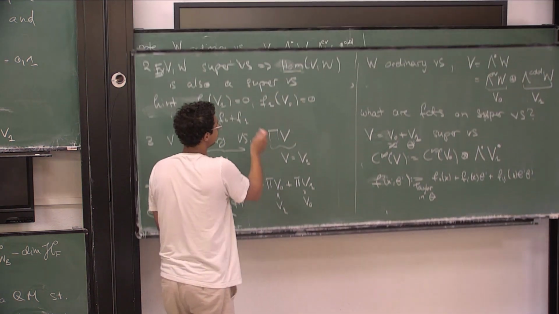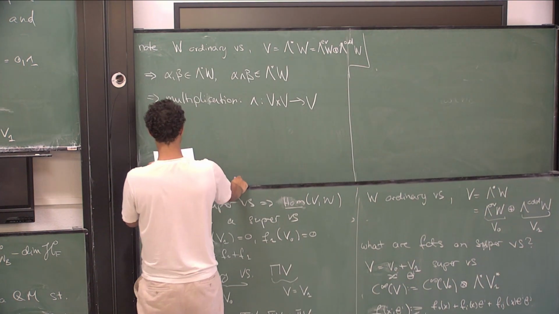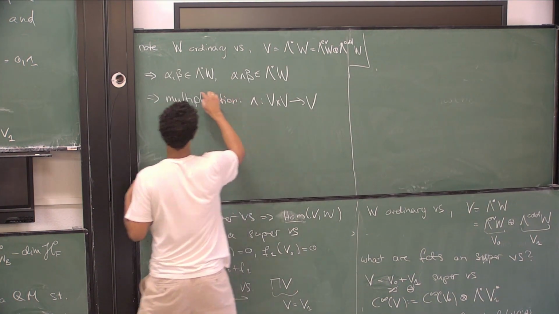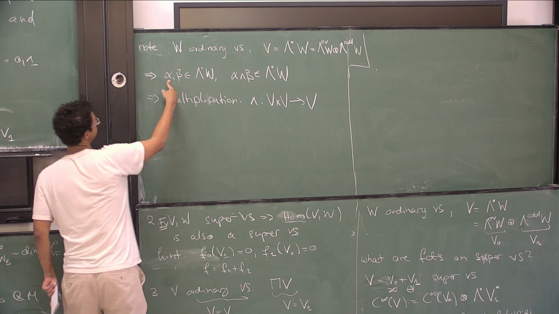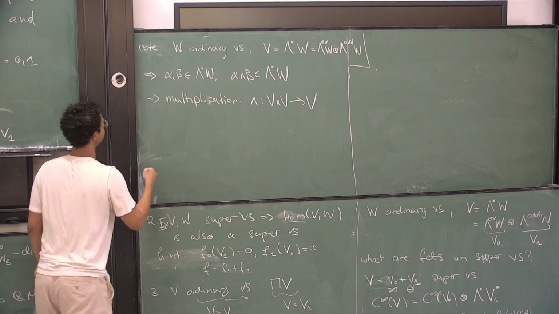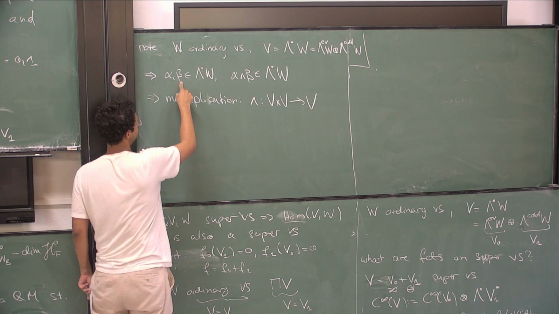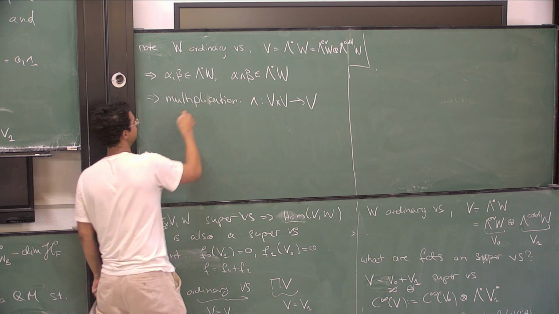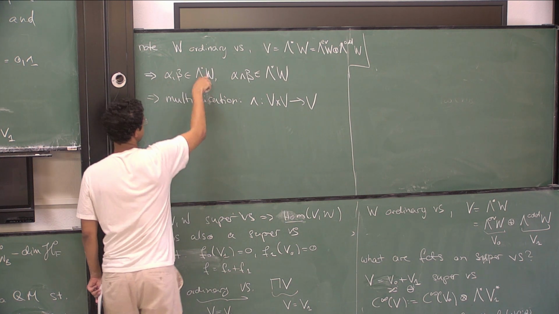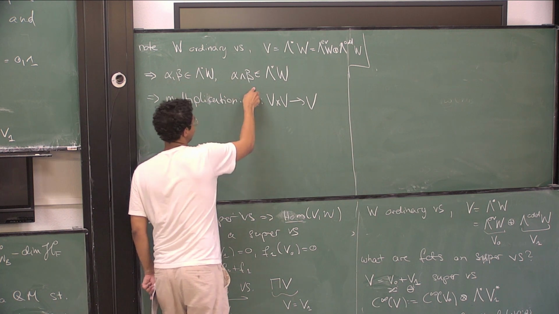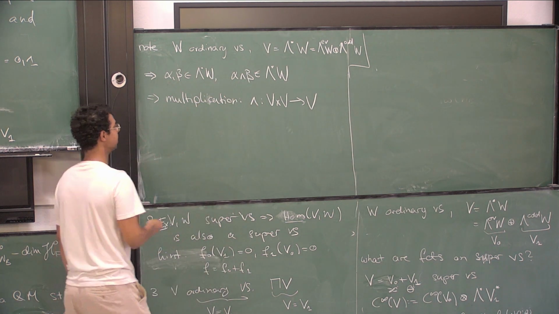And it has the property that if you have an element of degree M and one of degree N, then the wedge has degree M plus N.